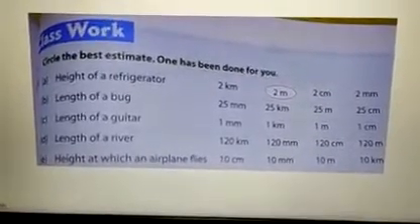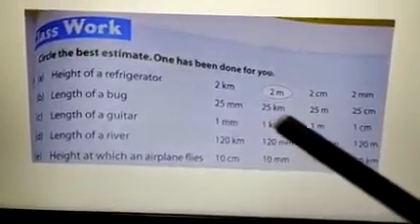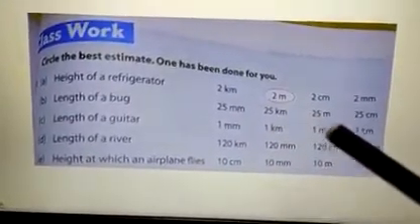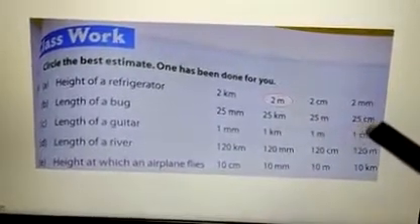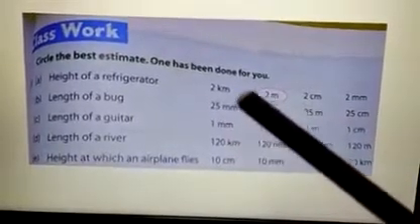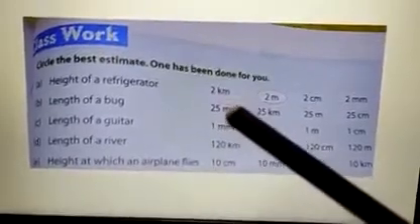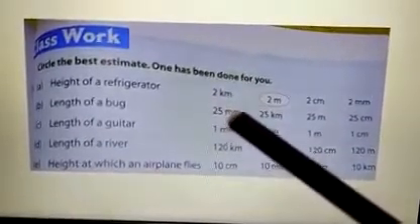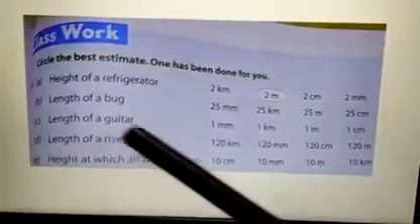So, what is the correct answer? 25 millimeter, 25 kilometer, 25 meter, 25 centimeter. So, the smallest one we will choose. Millimeter is the smallest unit. So, 25 millimeter is the correct answer. Circle 25 millimeter.